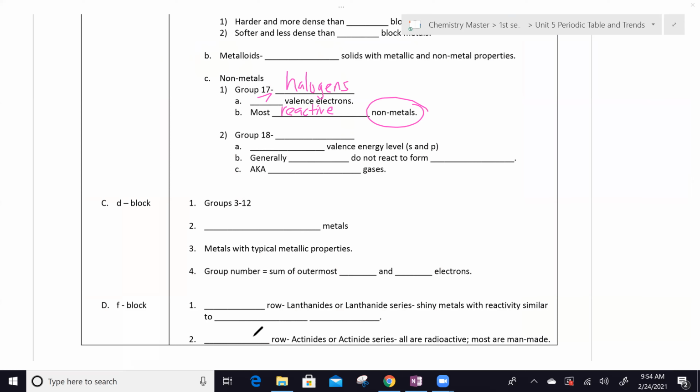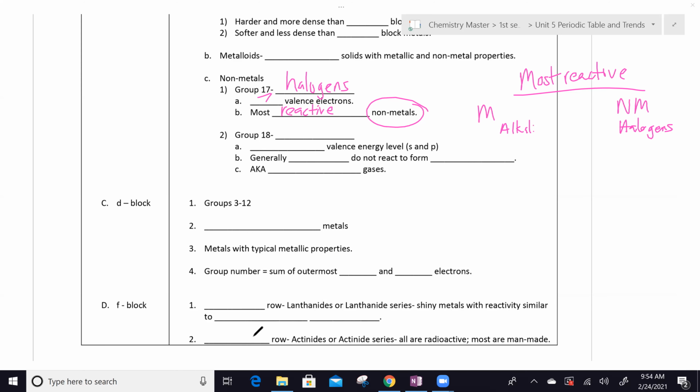So you have two very reactive families. If you're talking about metals, it's the alkali. If you're talking about non-metals, it's the halogens, okay? And I'm going to explain to you in a second what makes them so reactive, all right?